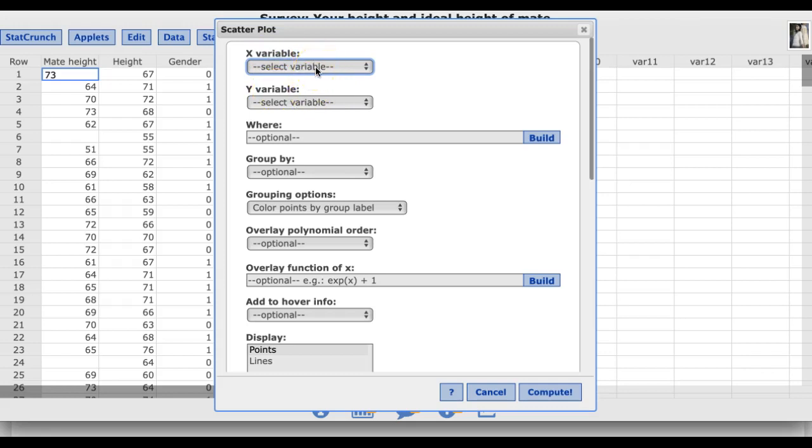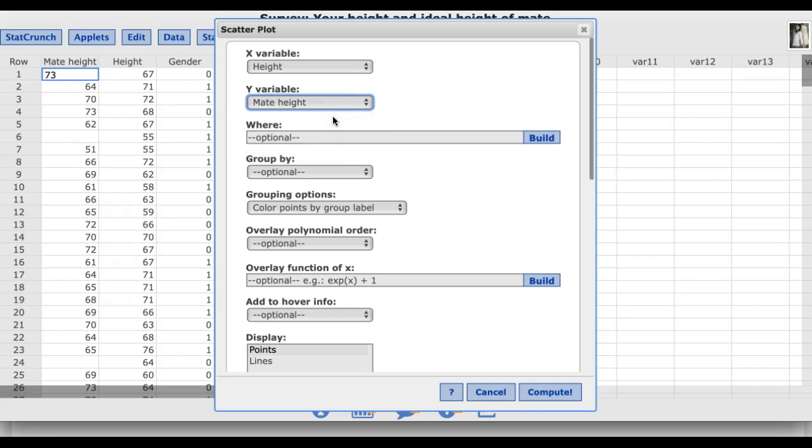Because this is regression, we want to make this our explanatory variable or predictor variable. In terms of height and mate height, we want to use X to predict Y. So it makes sense that we would use the height of the respondent, and given that height, predict the height of their desired mate.